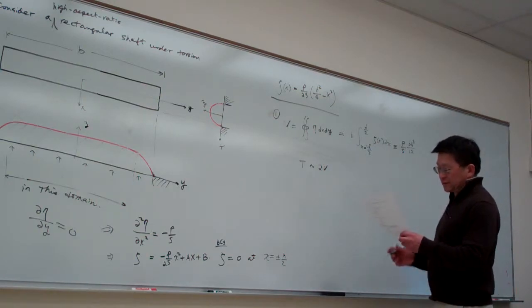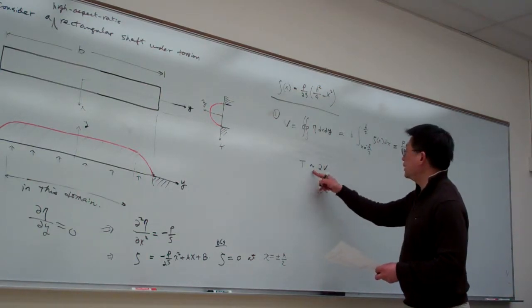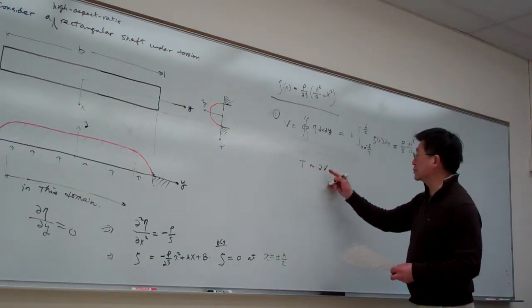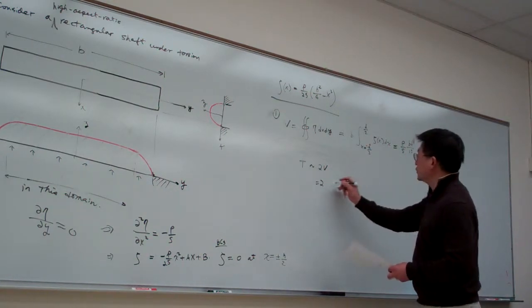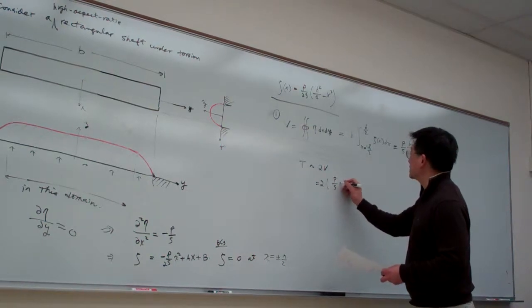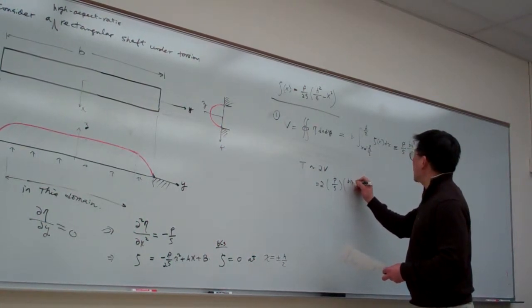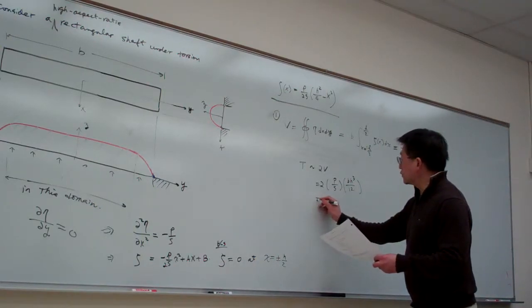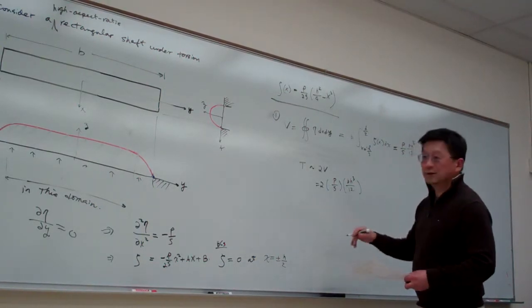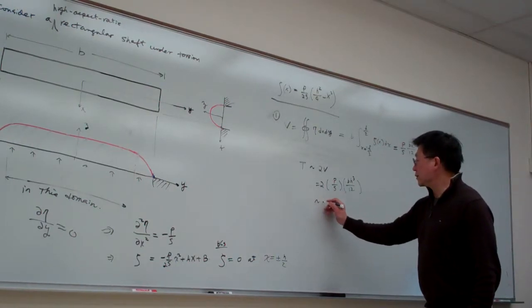And what is V? Here are our analog symbols. Our calculation is 2V equal to P over S times BH cubed over 12. And then I'm going to make quite a big analogy.